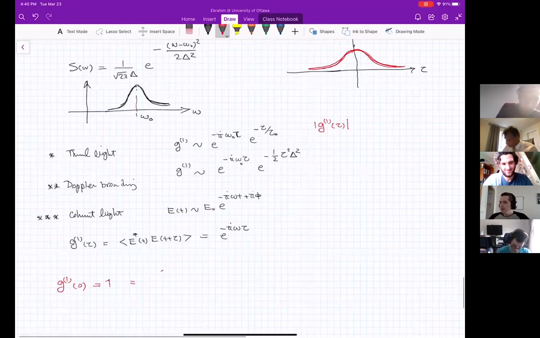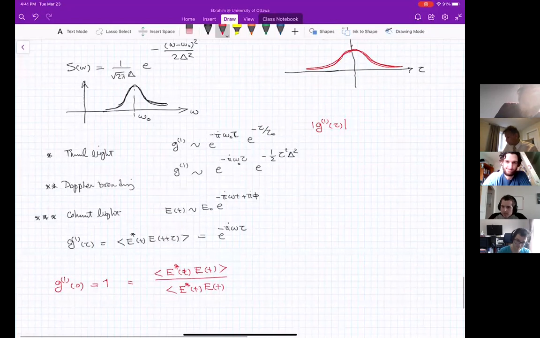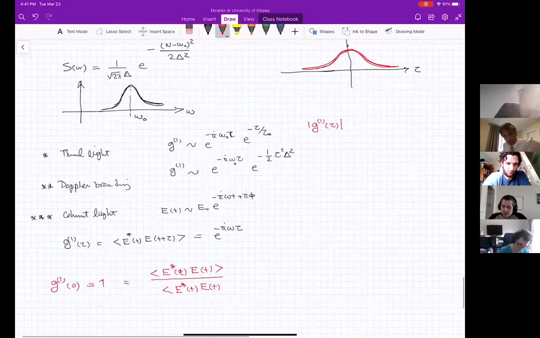Because it is E star of t times E of t plus 0 divided by E star of t times E of t, which is 1, no doubt.